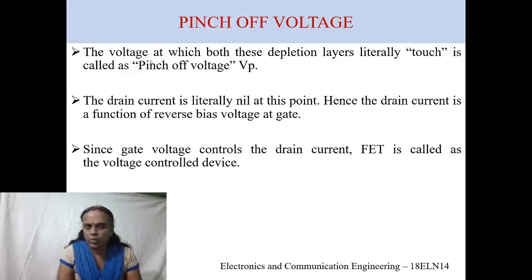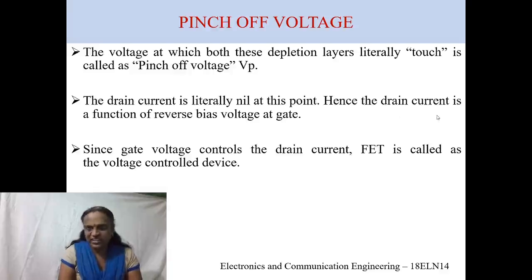So I repeat, the voltage at which both these depletion layers literally touch is called the pinch-off voltage VP. The drain current is literally nil at this point, as we have already discussed.